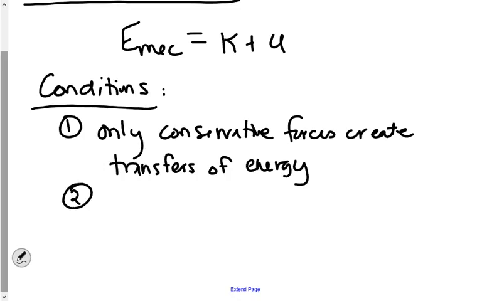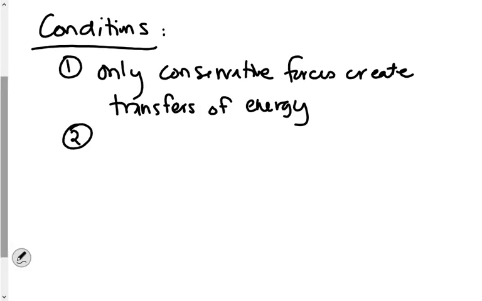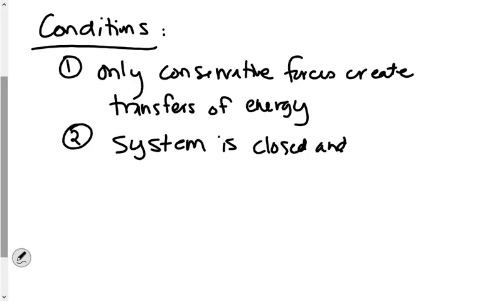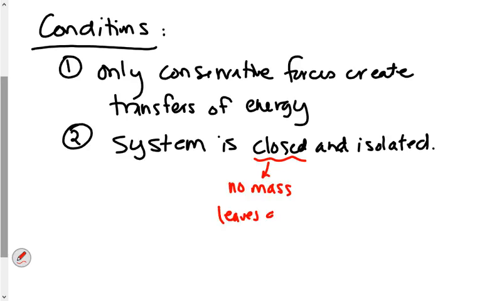And the second condition that we need to meet here is that the system is closed and isolated. I'll tell you what that means in a minute. We're going to find that most of our conservation laws involve systems that are closed and isolated. So closed means no mass leaves or enters the system.